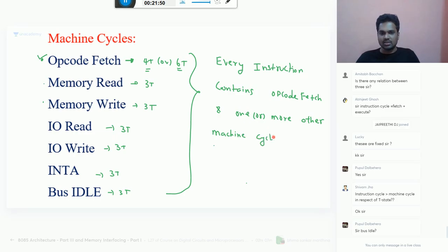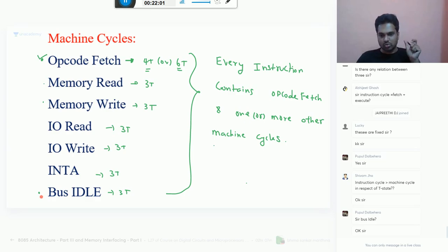Bus idle, I will tell you when we come to that part, but I am generally saying bus idle. Idle means do nothing. The CPU requires more time to do some 16-bit operations. During that period, the bus is not doing any job, but the CPU requires more time for internal operations. During that time, the computer will be in the bus idle state. So is it clear?